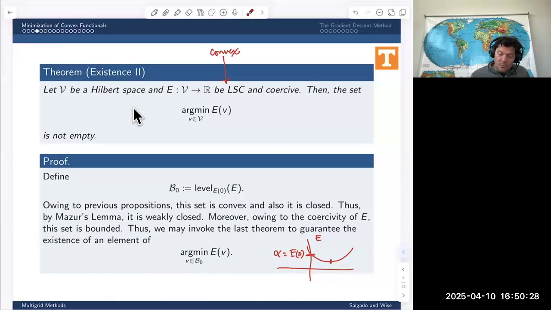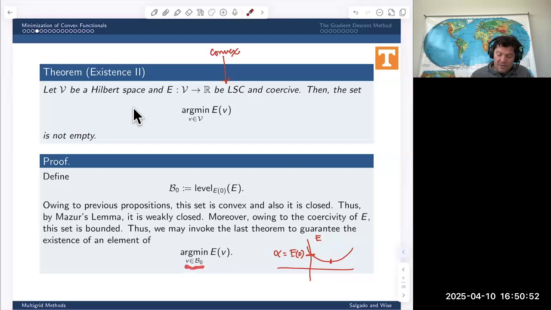But if it's lower semi-continuous, then it's certainly going to be weakly lower semi-continuous as well. There's a result that says that. So then we can just directly invoke the last theorem to guarantee that there's some element in that set. So that gives us something, right?